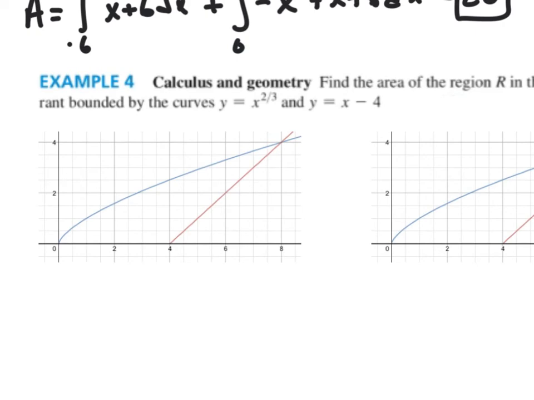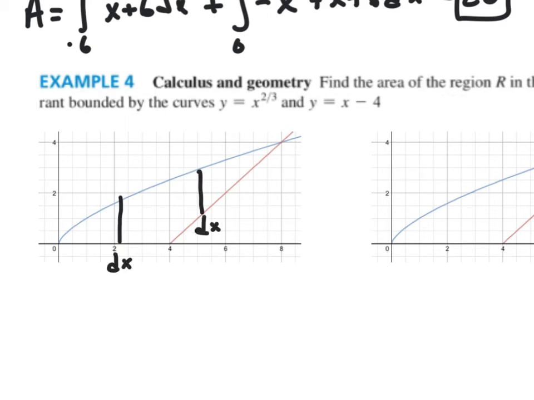I'm going to draw my slice here. Now what I notice is that from 0 to 4, I can draw a slice going from top to bottom to my x-axis, and then at 4, things change, and I have to go from this top function to this bottom function. So I have 2 different slices here. My variable is x, so these are both dx.